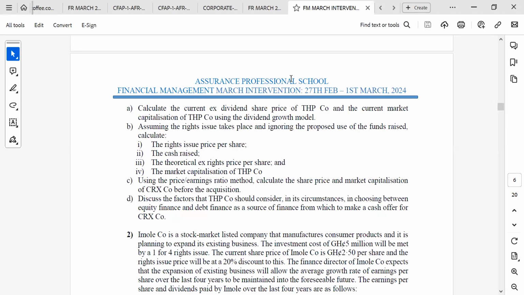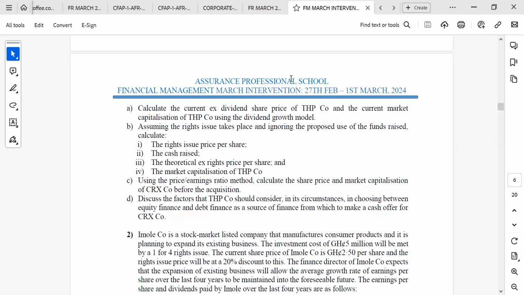The investment cost of 5 million Ghana cedi will be met by a 1-for-4 rights issue. The current share price of Imole Company is 2.50 pesos per share, and the rights issue price will be at a 20% discount to this.